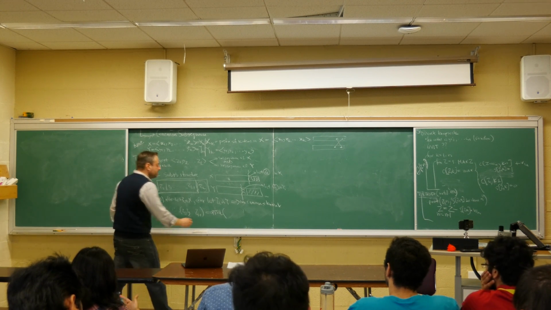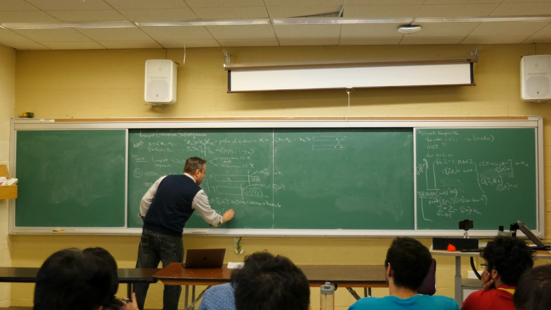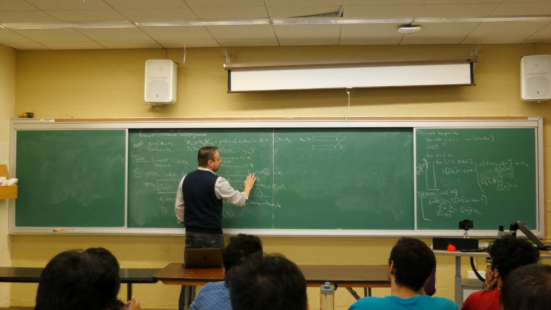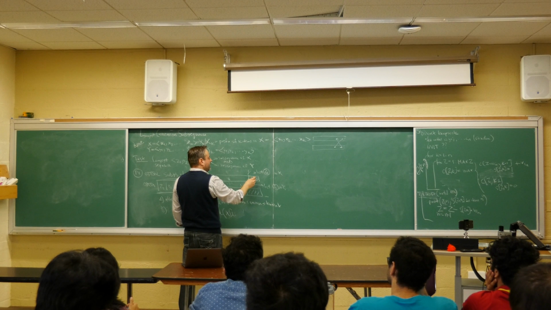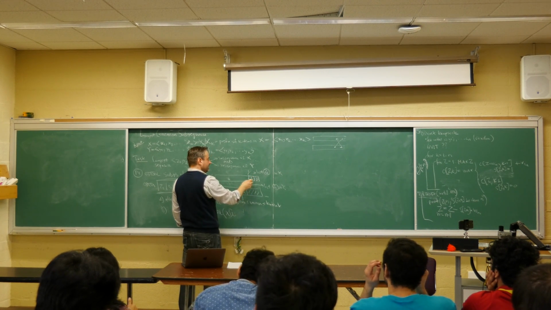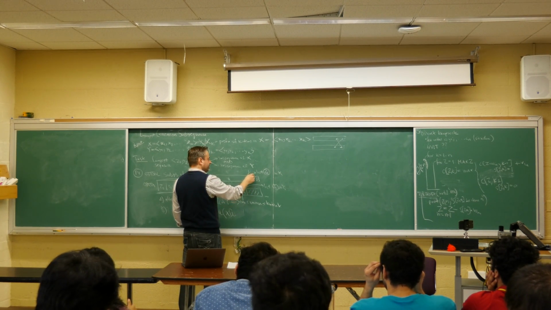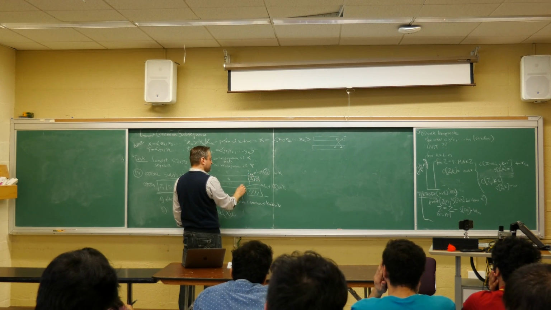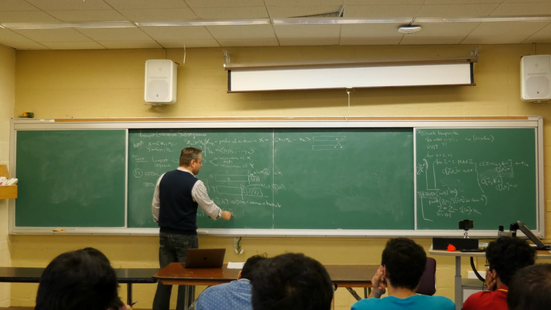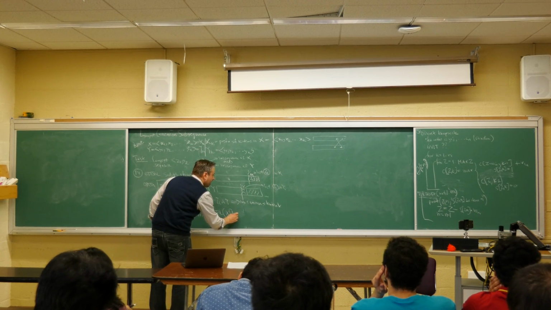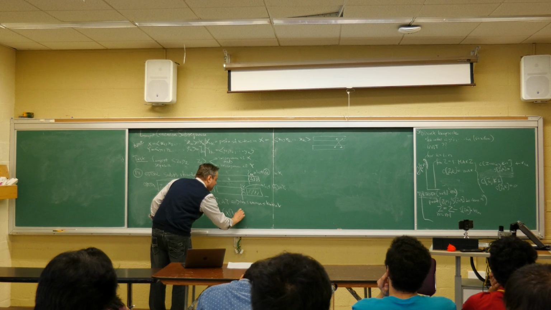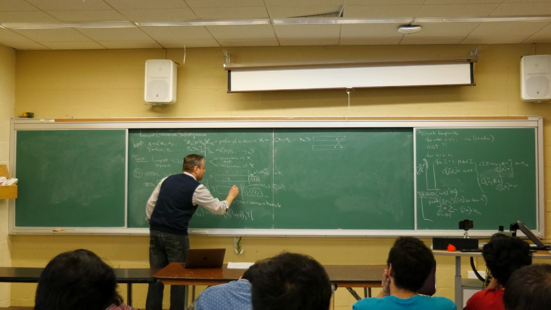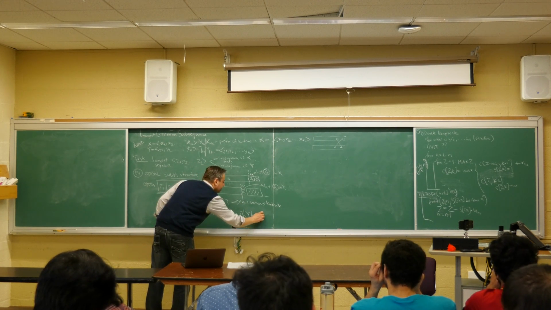For X going all the way from 1 to... let's say this position here is U, and this position here is V. So this has to be from 1 to U minus 1, and Y has to be from 1 to V minus 1.